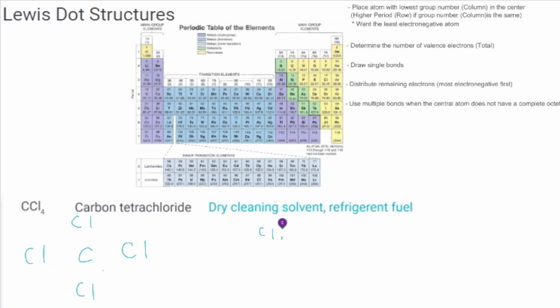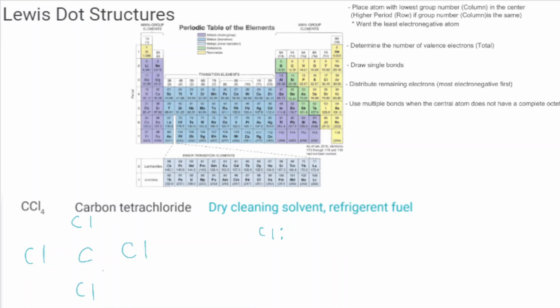So for chlorine, it has 1, 2, 3, 4, 5, 6, 7 valence electrons. Sorry, I should have started on the third row here. Same principle though. So it has seven valence electrons.